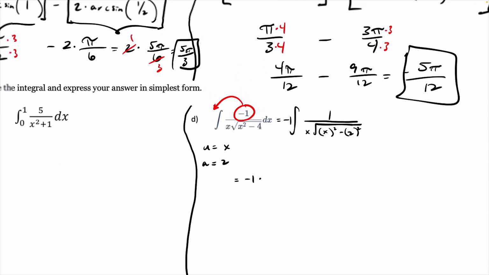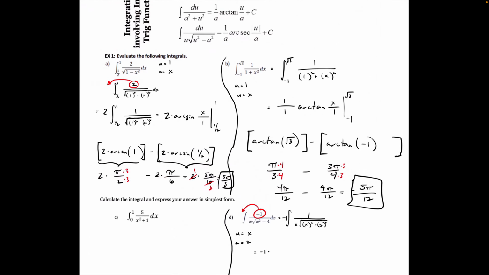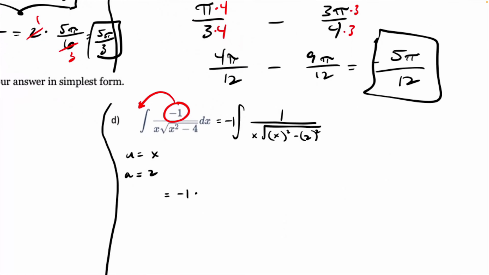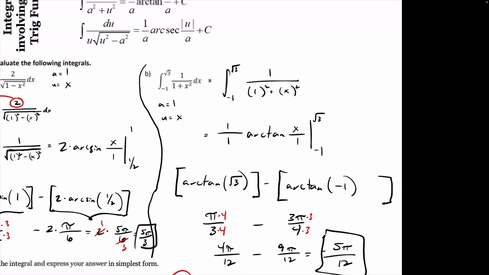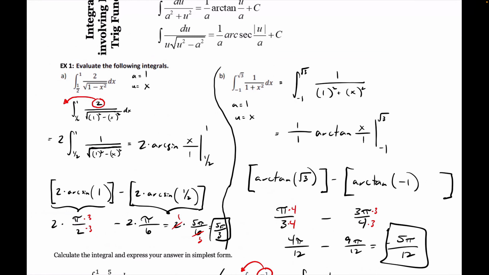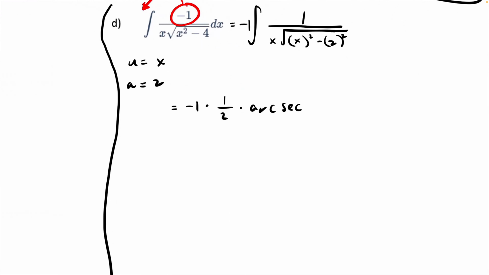So we go back up to our formula and it says 1 over A. So 1 over 2 times arcsecant, absolute value of U. Well, U is already positive, so it's just going to be X over 2 plus C.